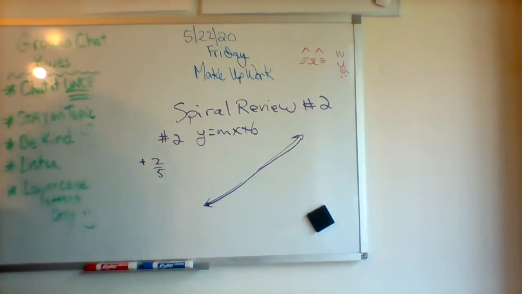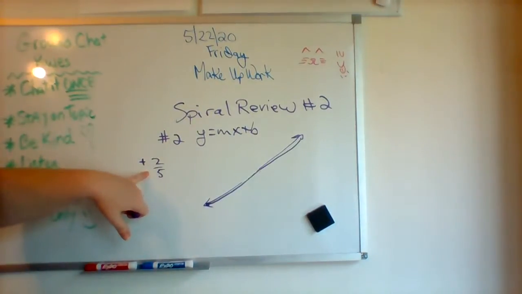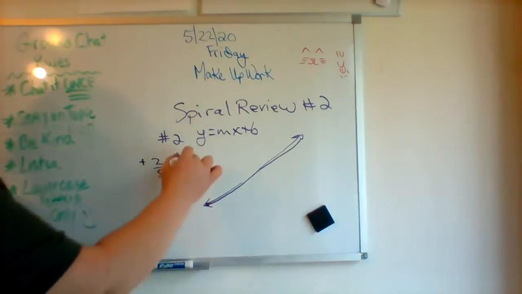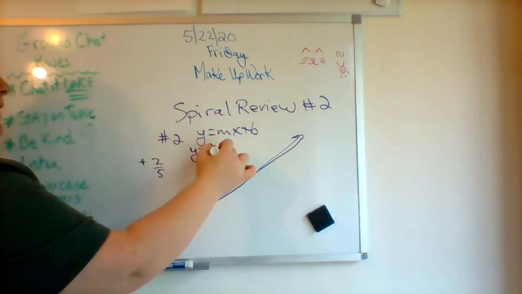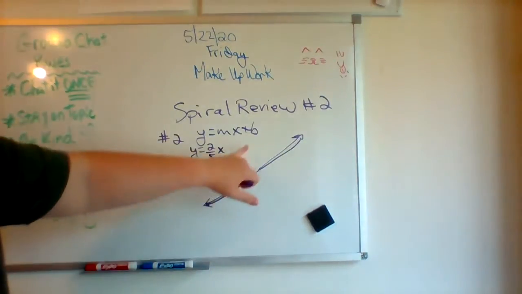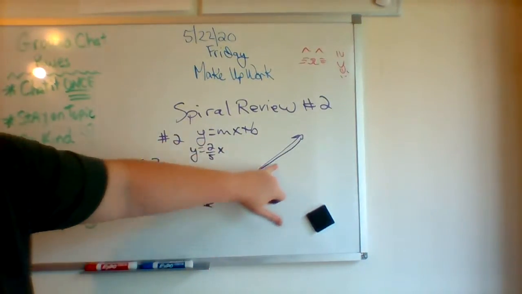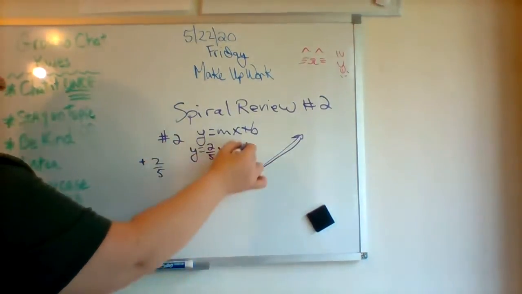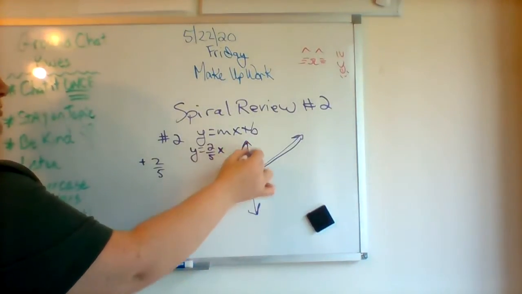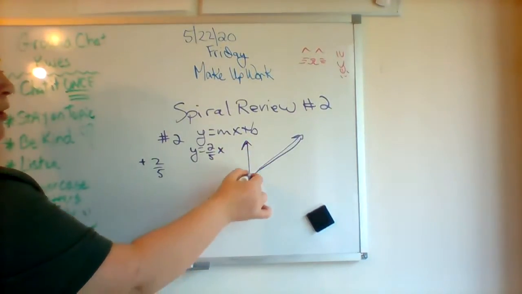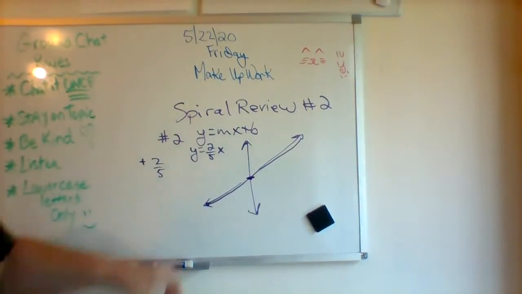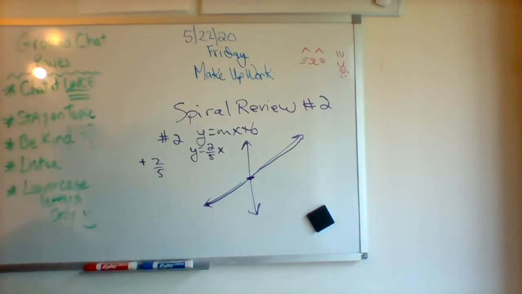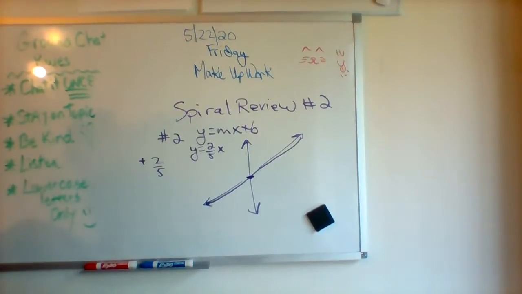So you already identified that it's going to be a positive 2/5 here. So the only thing that we have to make sure now is, where does this line hit the Y-axis? It hits it somewhere. What number does it hit it at on the Y-axis? If you could tell me that, then you have the equation of the line that is correct.